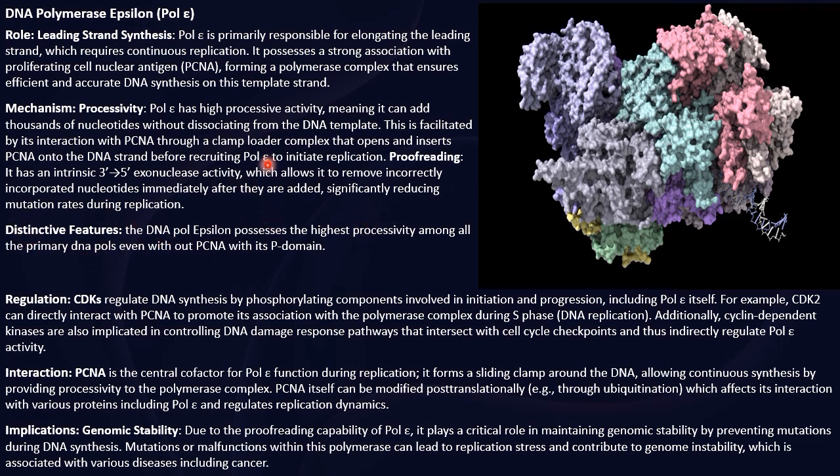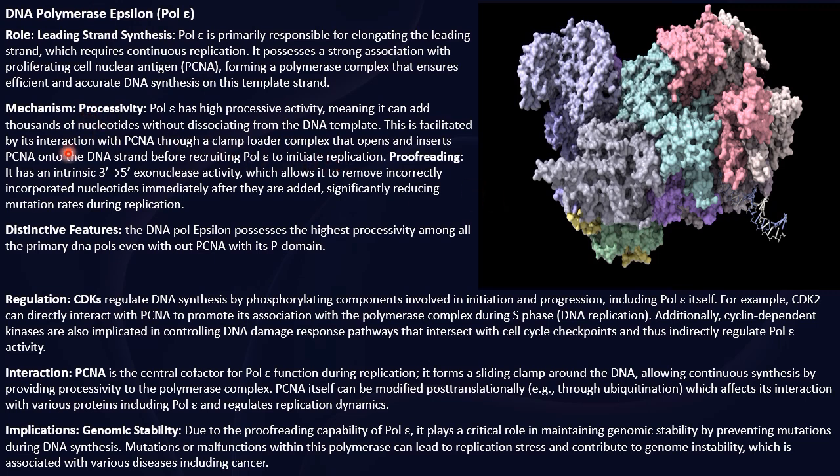This proofreading activity is shared by DNA pol delta also. Thus, both DNA pol epsilon and delta ensure the minimum rate of error throughout the DNA replication process.